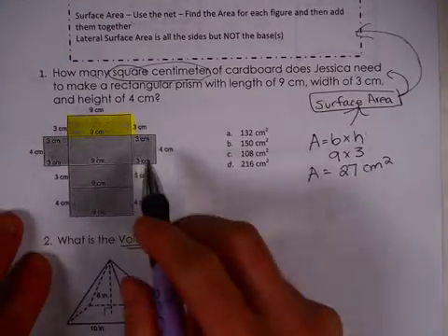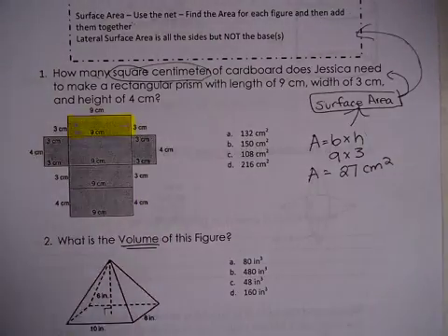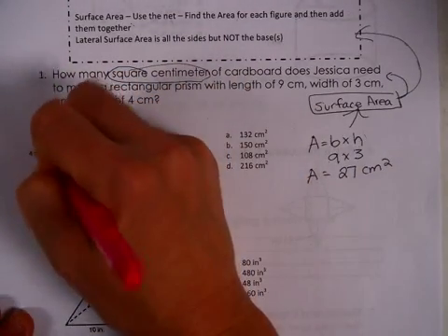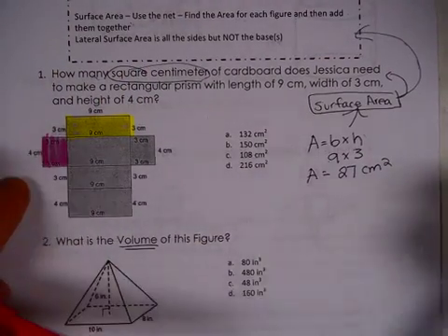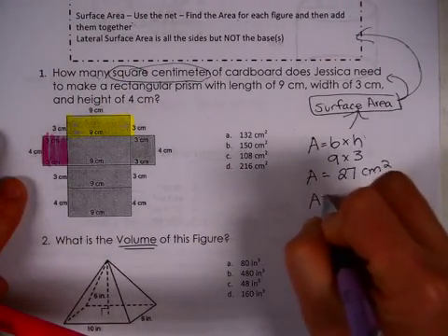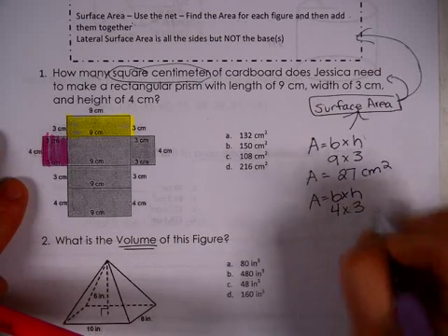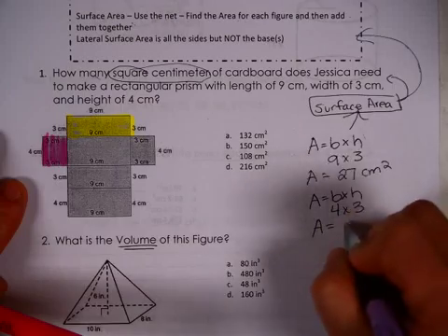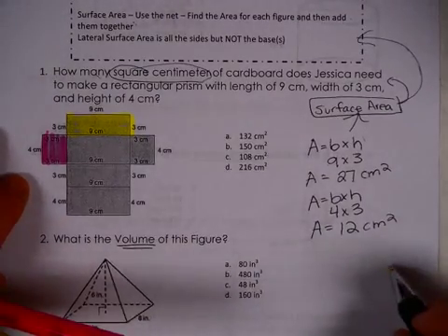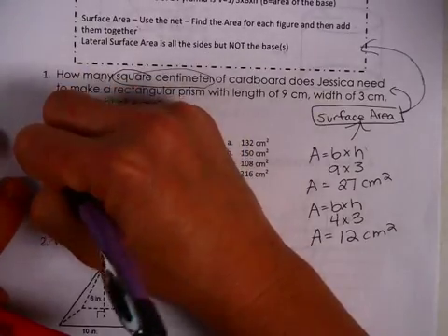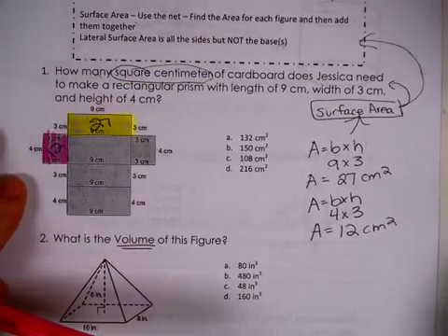Okay? Then let's take this one right here. I'm going to color code it a different color. Okay? It also is a rectangle, so it is still A equals base times height. 4 times 3, A equals 12 centimeters squared. Guys, I taught you to put it into the shape. So this is 12, this is 27.